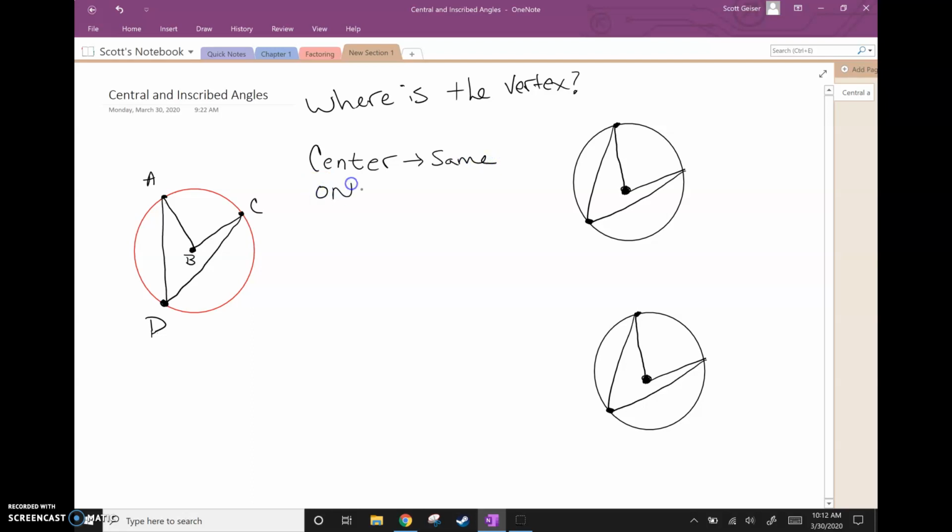On is going to be half. Okay, so that is the key. I would write that down somewhere, especially as I'm going to assign some Khan Academy and stuff with this, where you're going to be going back and forth between the two. Okay, so I will give two examples here on the right side.